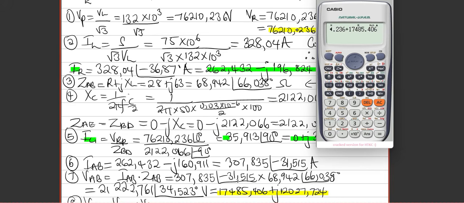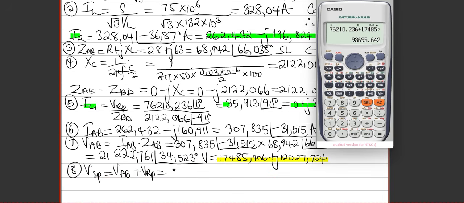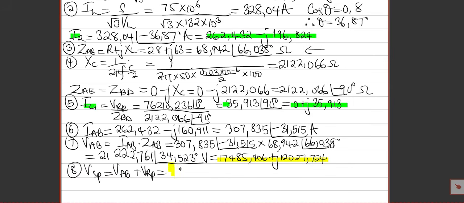I'm adding the values which are before the j. Now I'm getting 93,695,642. This is for my VS.